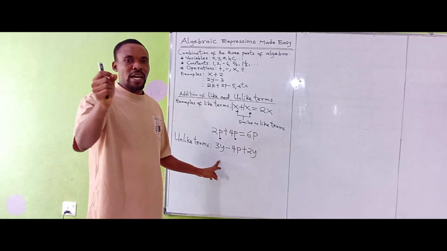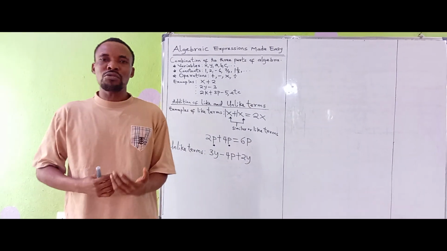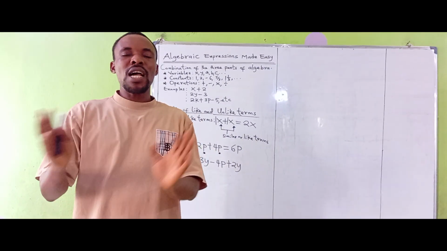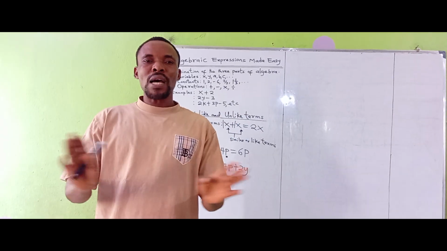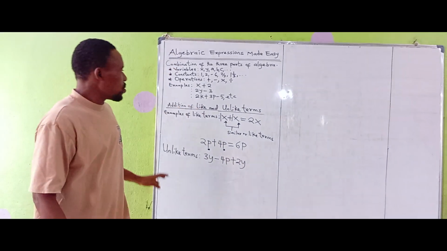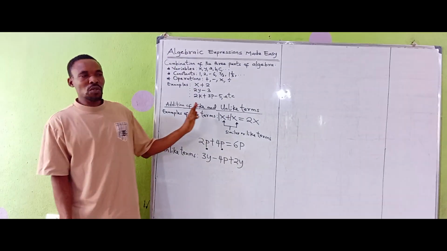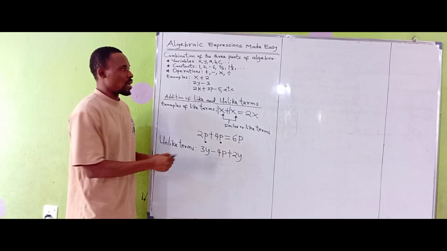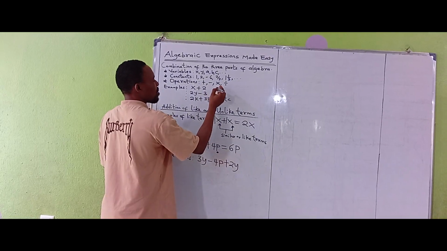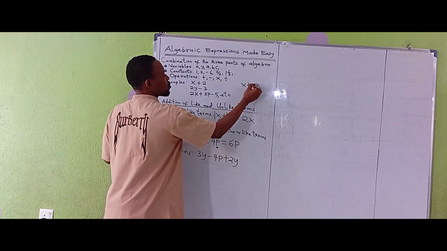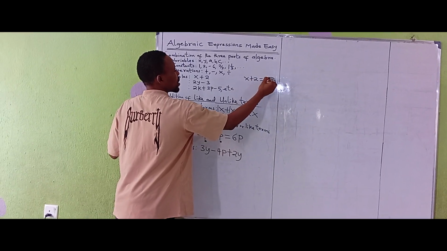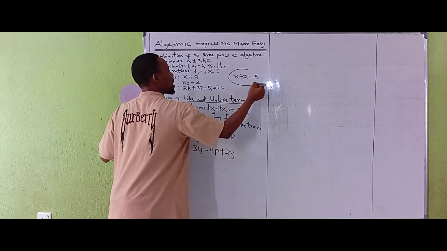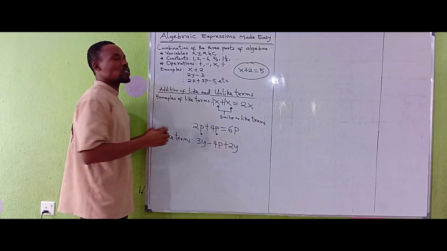Now, lest I forget, another thing you need to know about expressions is that expressions usually don't have an equality sign. If you look at all the examples I have given, you notice there is no form of equality sign. Look at what I mean. Let's say we have x plus 2 equals 5.